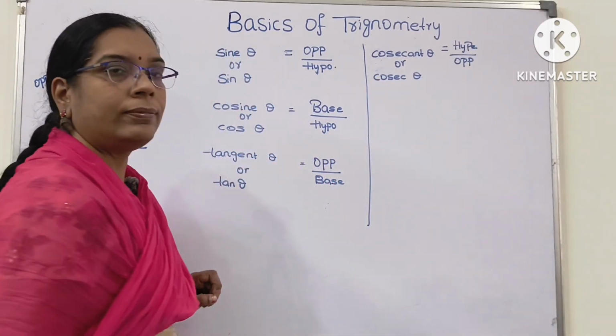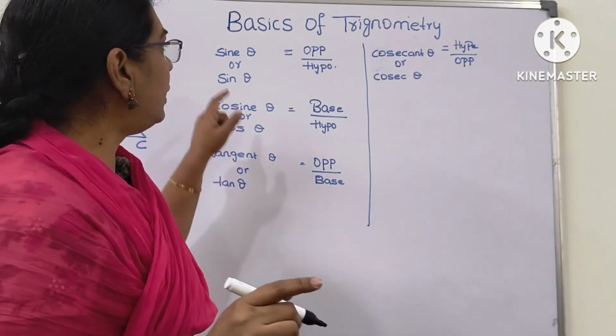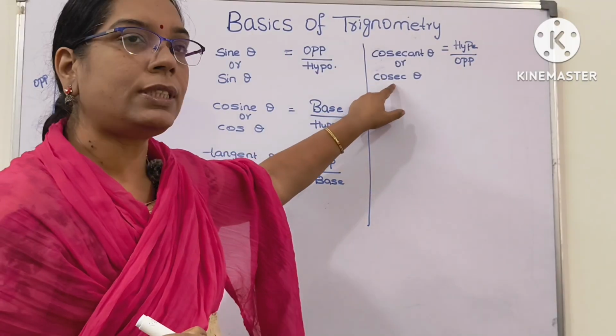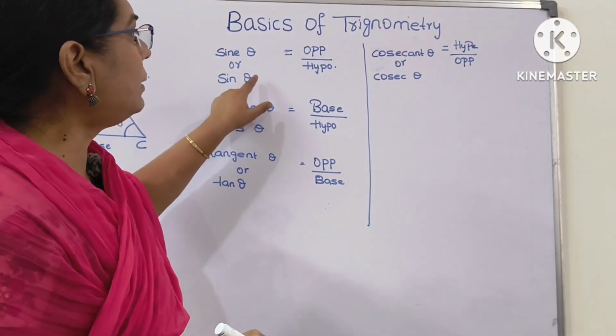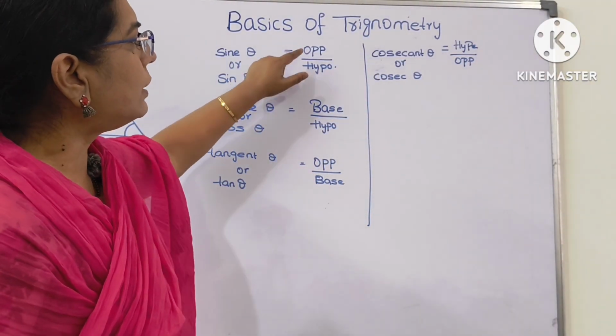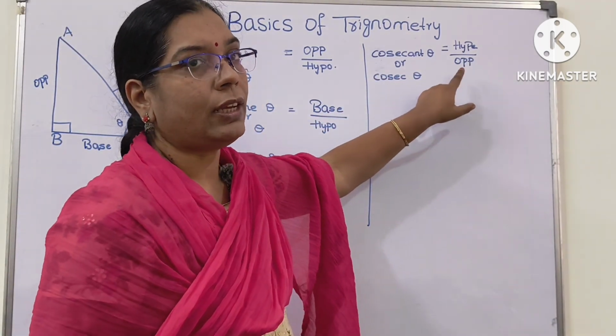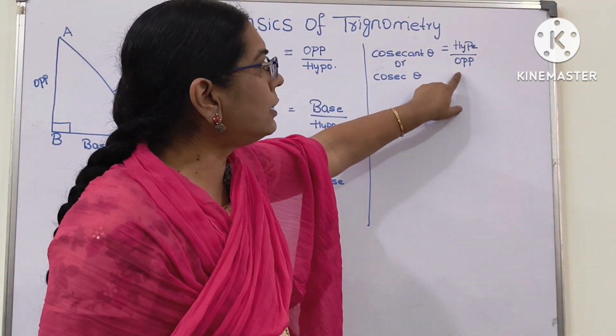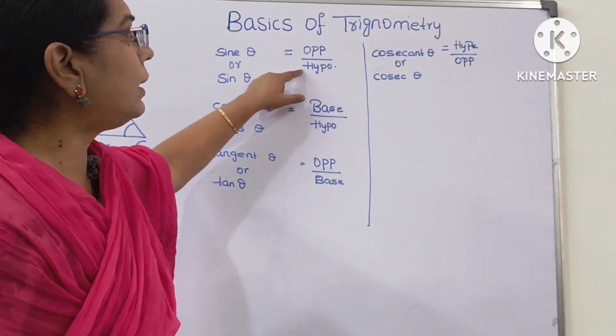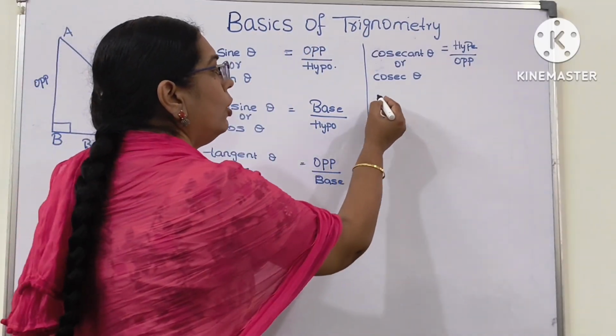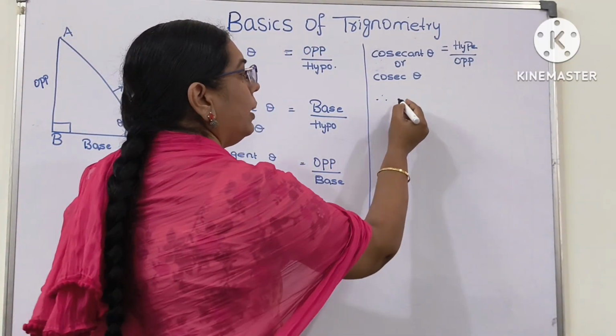Now, did you notice a relation between sine theta and cosec theta? If you take the reciprocal of sine theta, which is opposite by hypotenuse, you obtain cosec theta. Similarly, if you take the reciprocal of cosec theta, you get sine theta. So, we got one important relation.